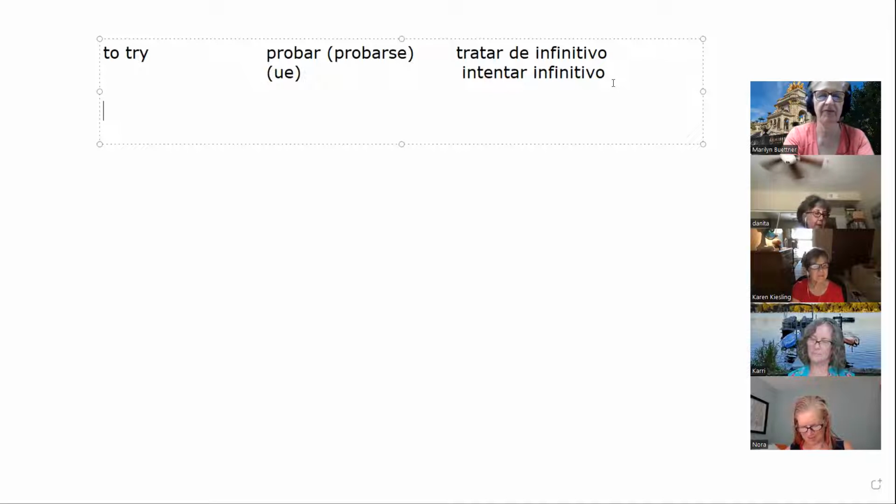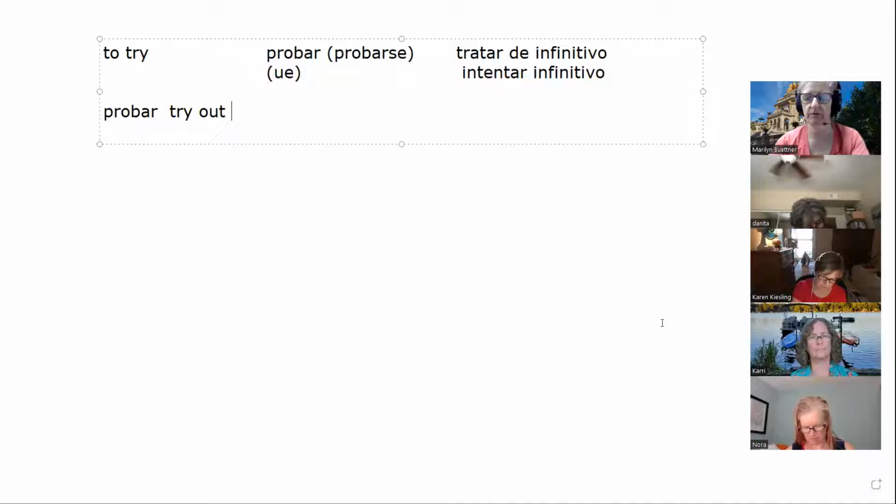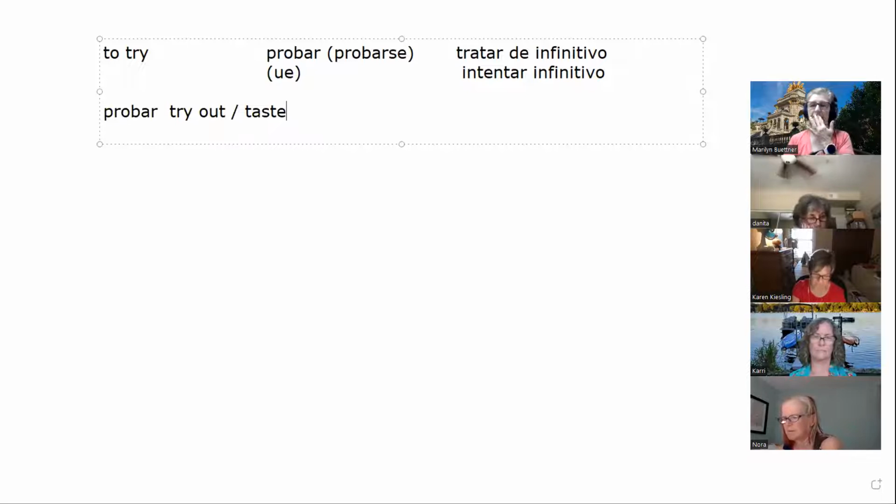Probar by itself, probar is used a lot when we want to say we try out something. Like, ¿qué pasó? It's bumping me out of my keyboard. Okay. Like taste something. Okay.